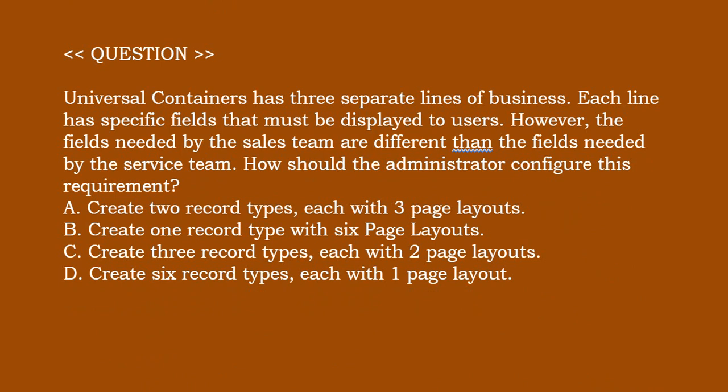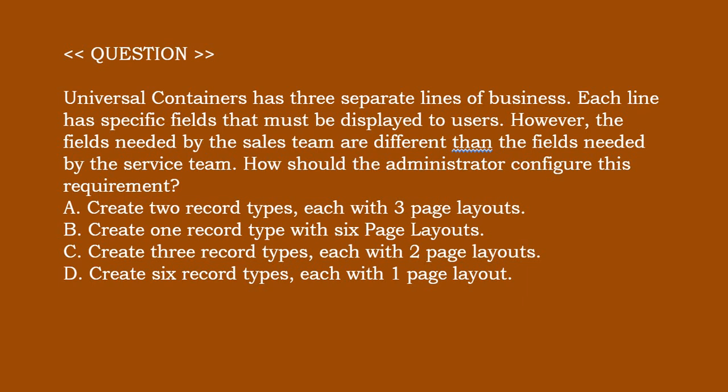Universal Containers has three separate lines of business. Each line has specific fields that must be displayed to users. However, the fields needed by the sales team are different than the fields needed by the service team. How should the administrator configure this requirement? Option A, create two record types, each with 3 page layouts.